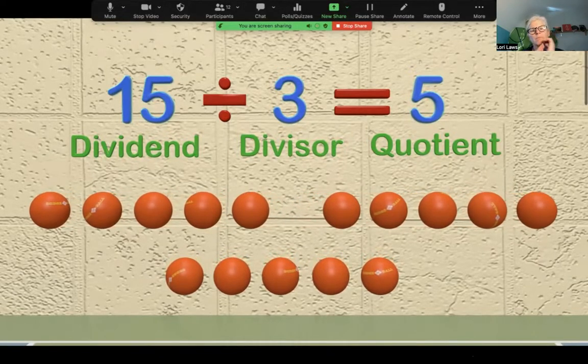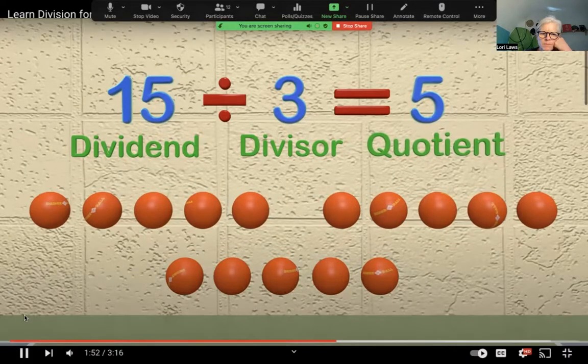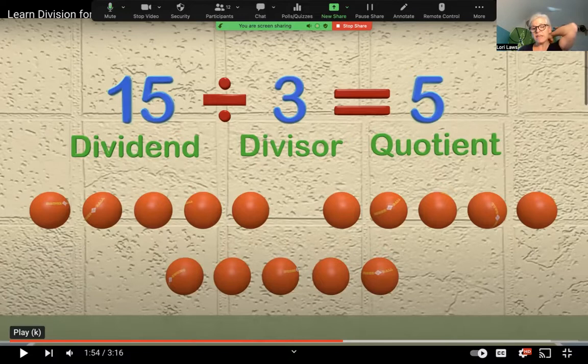The balls are now split evenly into groups of 5. Do you remember what the answer is called in a division problem? It is called the quotient. Great job, kids. So the trickiest thing about this is if we take the basketballs and we're dividing them between 3 kids, then every kid's going to get 5 basketballs. But let's say you're saying that you're going to give each kid 3 basketballs.